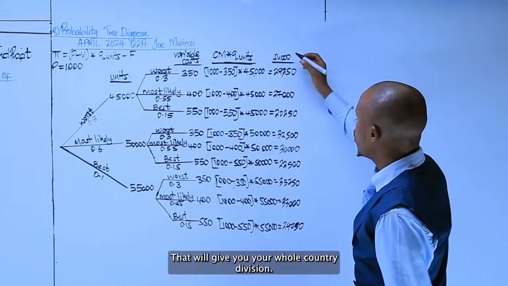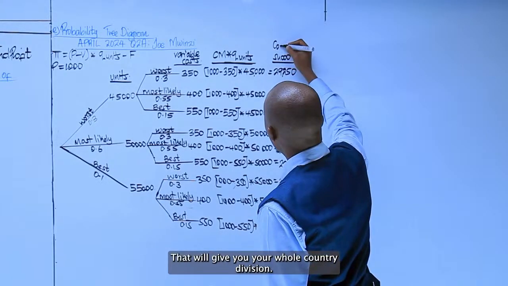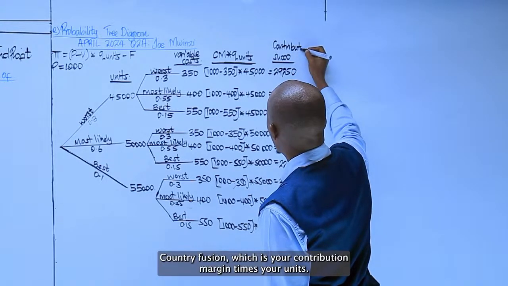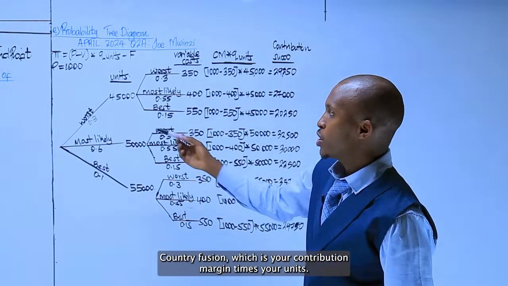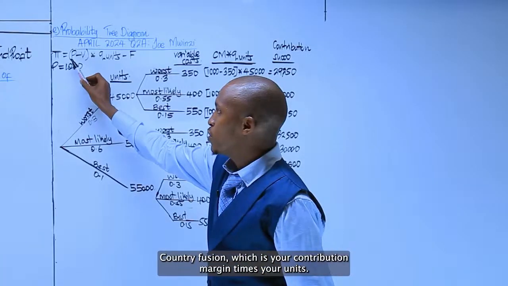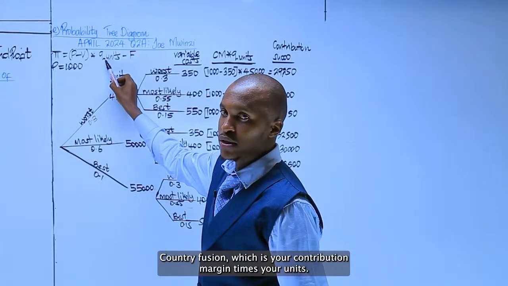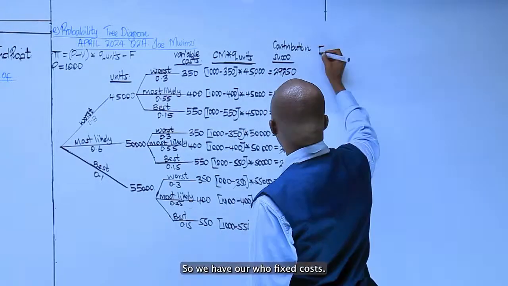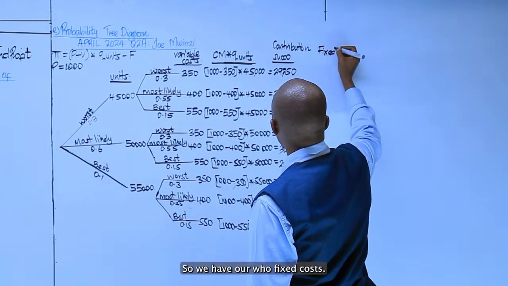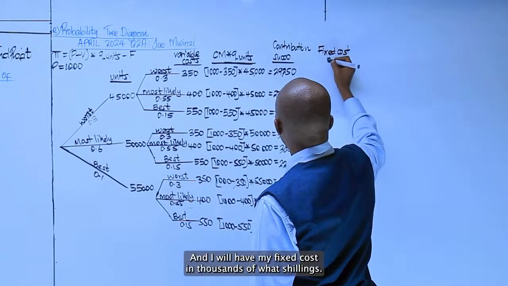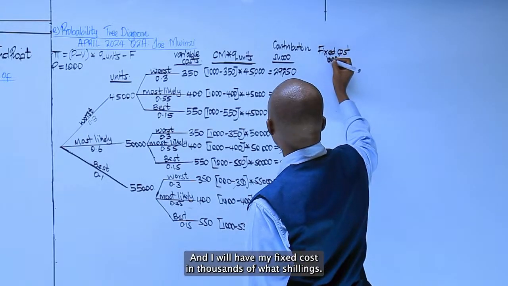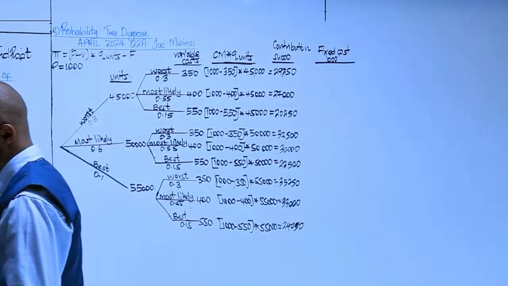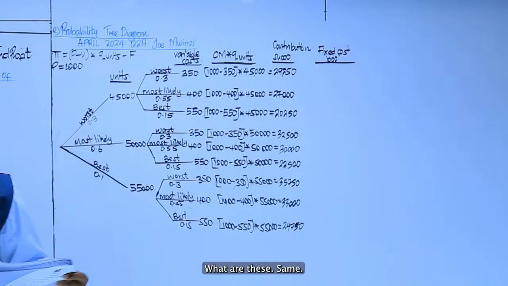That will give you your total contribution, which is your contribution margin times your units. Then you subtract your fixed costs. Let's have our fixed costs, and I will have my fixed cost in thousands of shillings, so you need to indicate that. Your fixed cost, what were they saying?